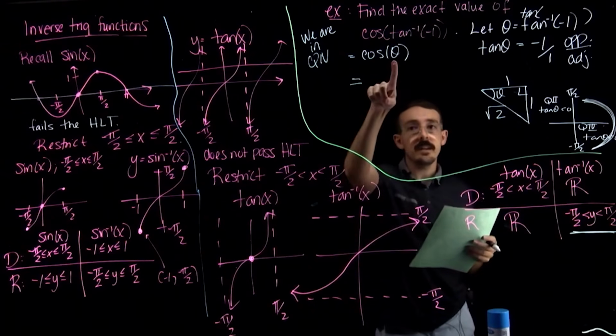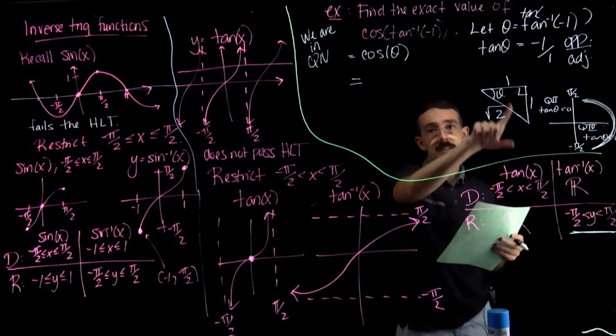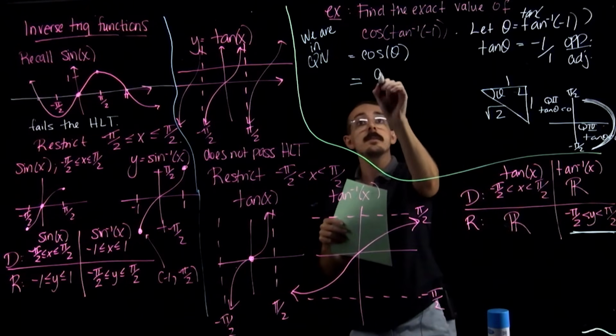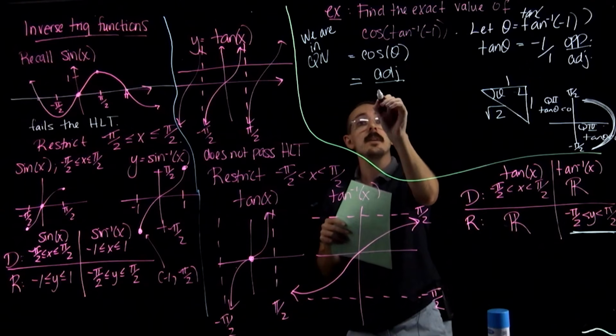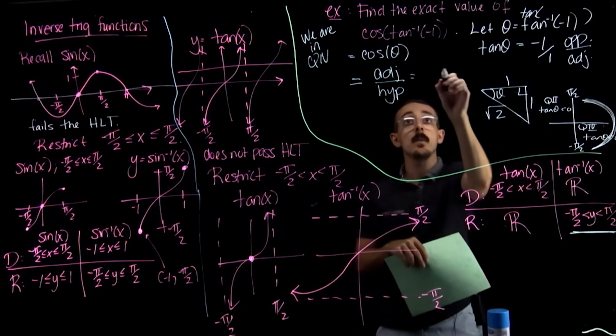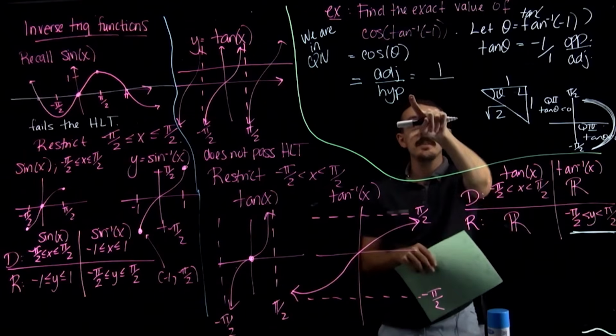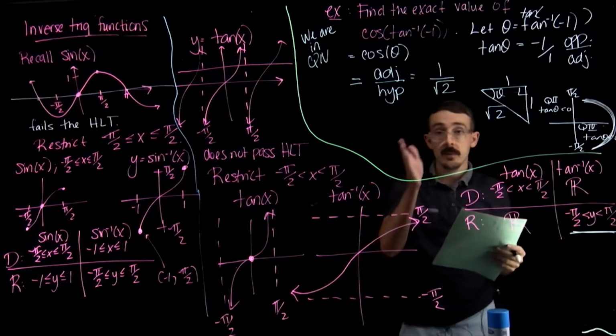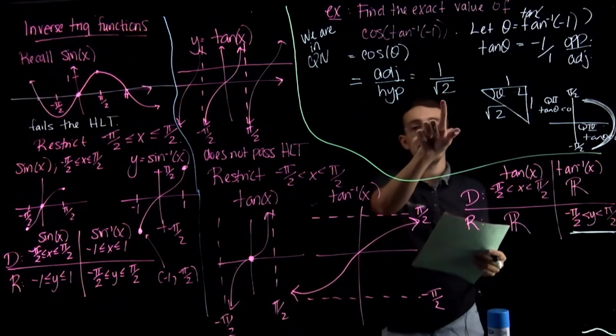What is cosine of theta? Now that I have all of the sides filled out, it's adjacent over hypotenuse. That's what cosine is. Adjacent is 1. Hypotenuse is root 2. And the last thing you should always do before you finish problems like this is check the sign.